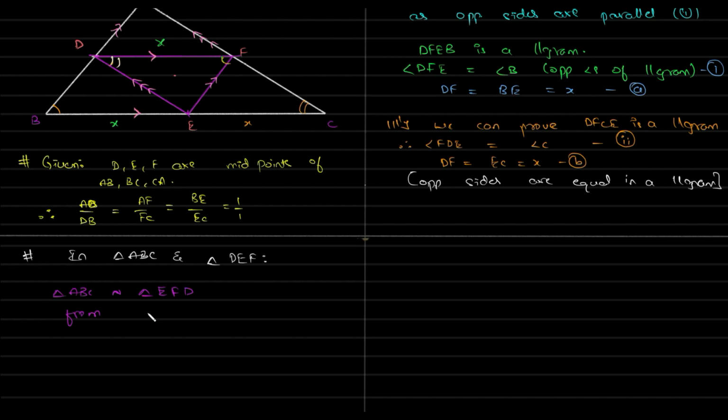From first and second, by AA similarity criterion. We wrote the reason and whatever we had already proved. Since these two are equal, then we can talk about the ratio.